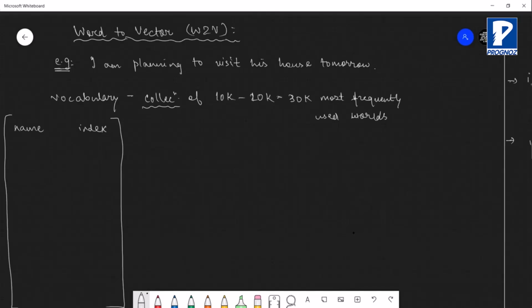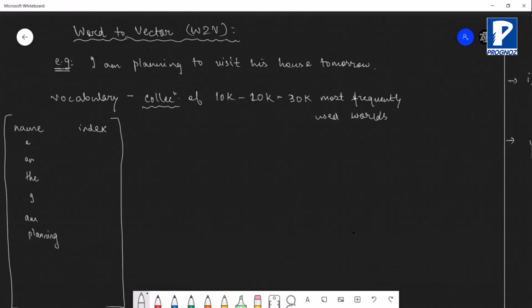Now, यहाँ पे as I am saying that you are going to have most commonly used words or most frequently used words. कुछ भी आ जाएगा, जैसे मान लो a आ गया, an आ गया, the आ गया, I आ गया, am आ गया, ठीक है, planning का plan आ गया मान लो.